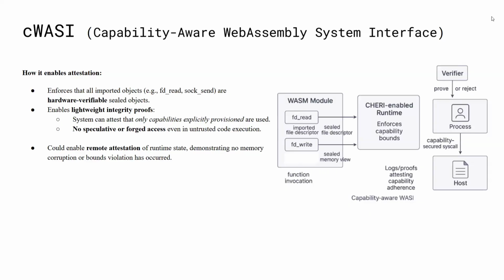Only if you're convinced that you're talking to a capability bound runtime, you can open your connection and start interfacing with that particular module, start provisioning your data so that it starts running the data sensitive computations. That's the kind of remote attestation or local attestation, even between two different modules, that we have built on top of these particular things.